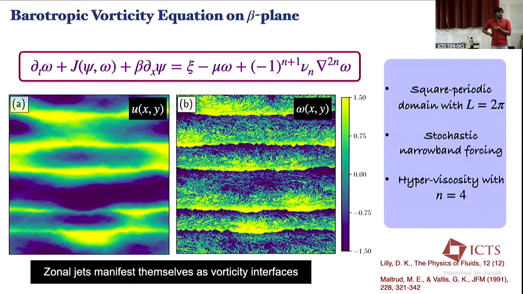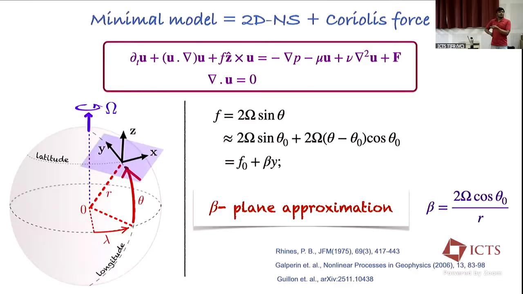F naught doesn't. If you don't go into this beta plane approximation, that total F will be there. But after you go to this approximation, this does not come. But F0 is a constant part. But F0 is multiplied with U. So when you take a curl, there will be a curl of F0 cross U, right? That term, you're saying in 2D, goes away? Yeah, ultimately it goes. Okay. Maybe we can talk about that later.